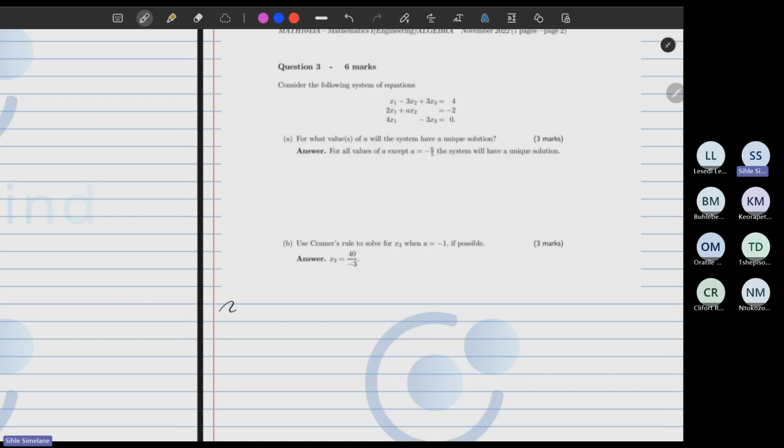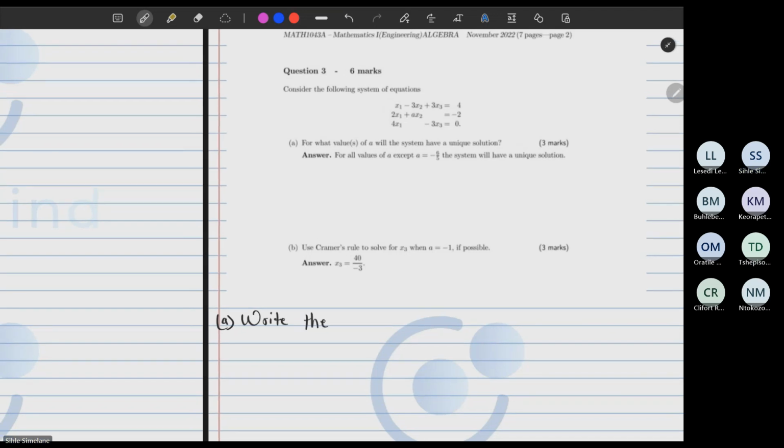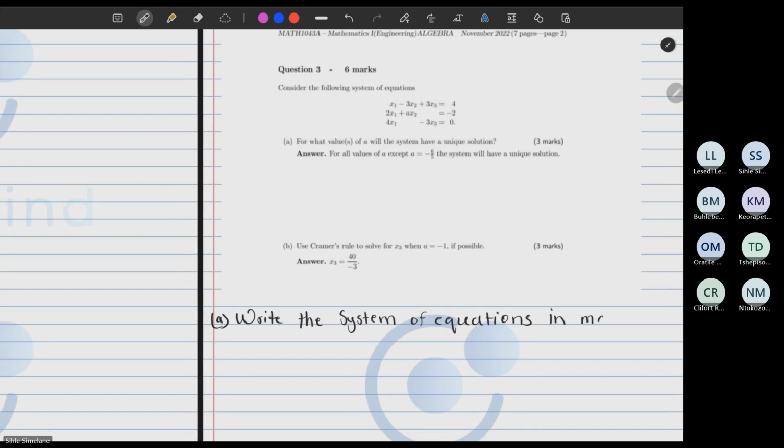So I will say for A, let's write the system in matrix form. The system of equations. Matrix form.